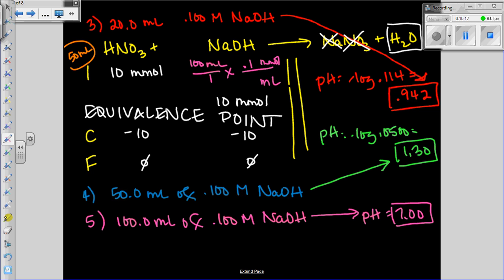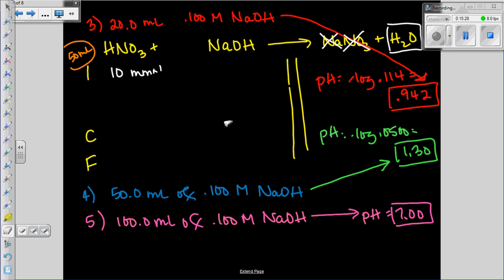Okay, let's continue. Let's say we're doing this in lab, and we are overrunning our endpoint, which is quite common. Let's go to a different color.